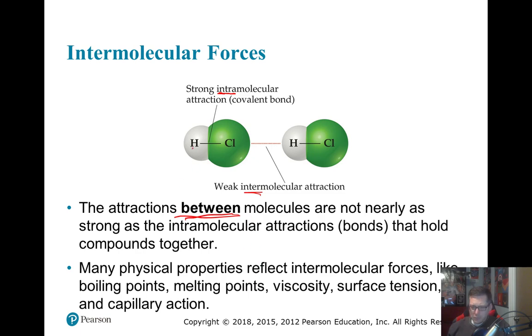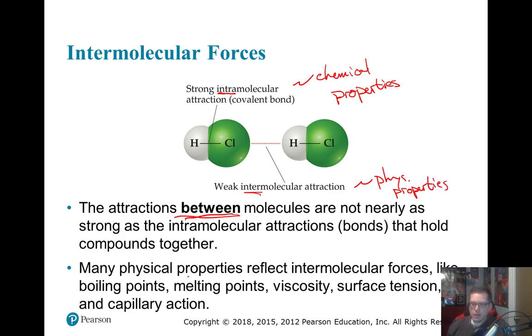So intramolecular forces pretty much tell you what the chemical properties are going to be. And then the intermolecular forces tell you the physical properties.